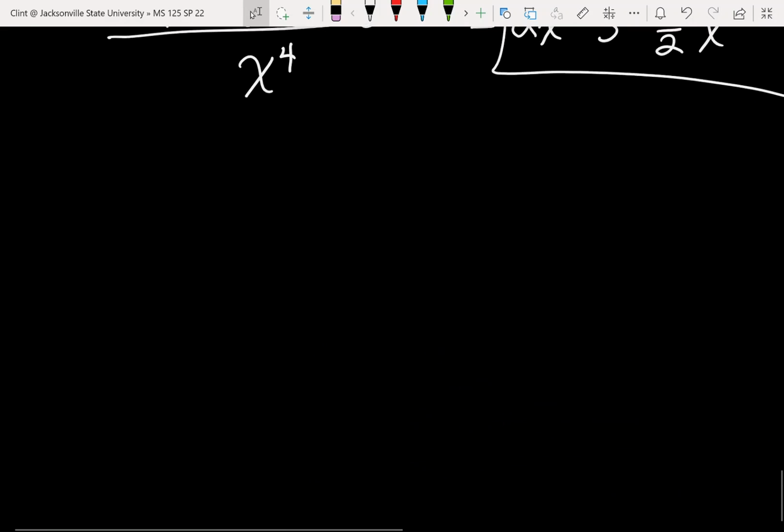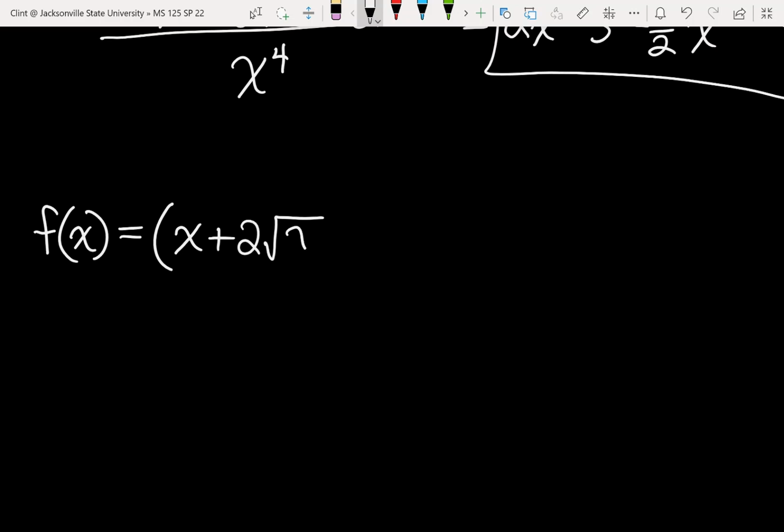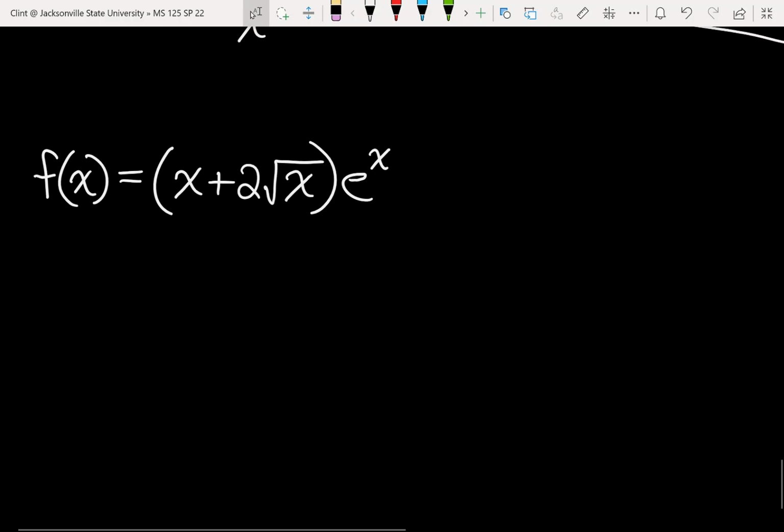Let's look at another one. Here's a function. We want the derivative.